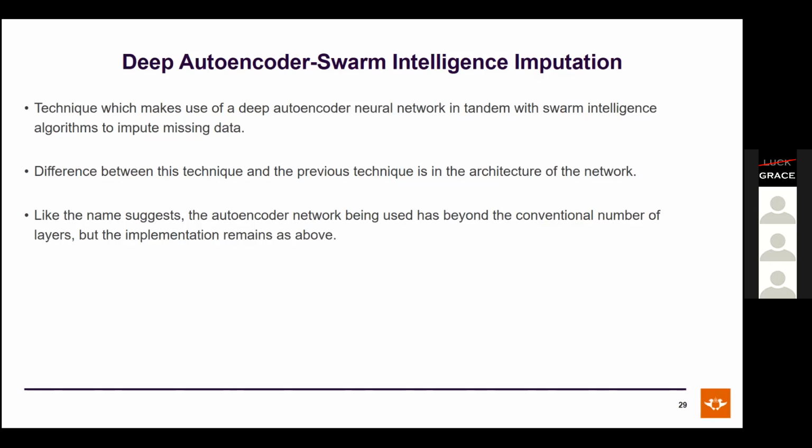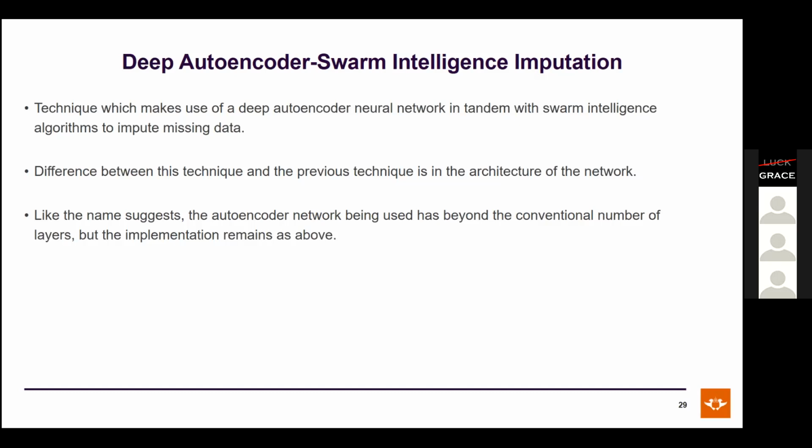There are a lot of swarm intelligence algorithms out there, and new ones seem to come up with time. There's one on lions. The difference between this technique and the one we spoke about before is in the architecture of the autoencoder. Like the name says, there's autoencoder versus deep autoencoder. We'll see the difference in a picture.